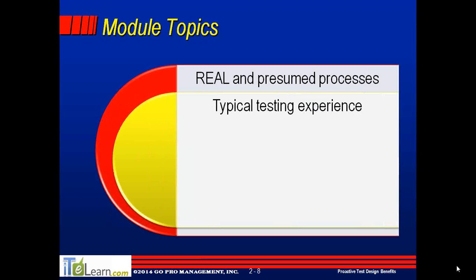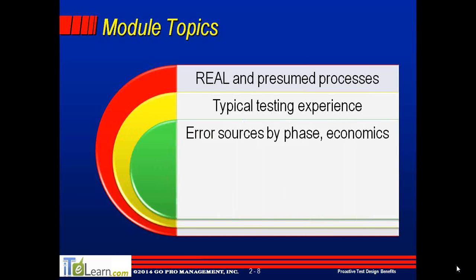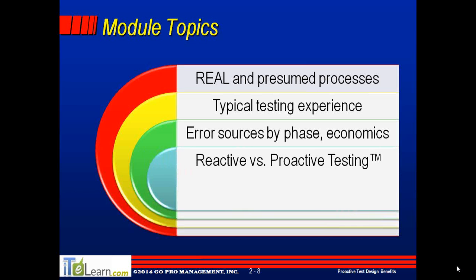We're going to talk about typical testing experiences and relate that to processes and your own experiences. We're going to look at where errors occur within the development process and the economics of finding and detecting and fixing errors. Because testing is our main method of catching errors. And the earlier we can catch them, the easier and cheaper they tend to be to deal with.